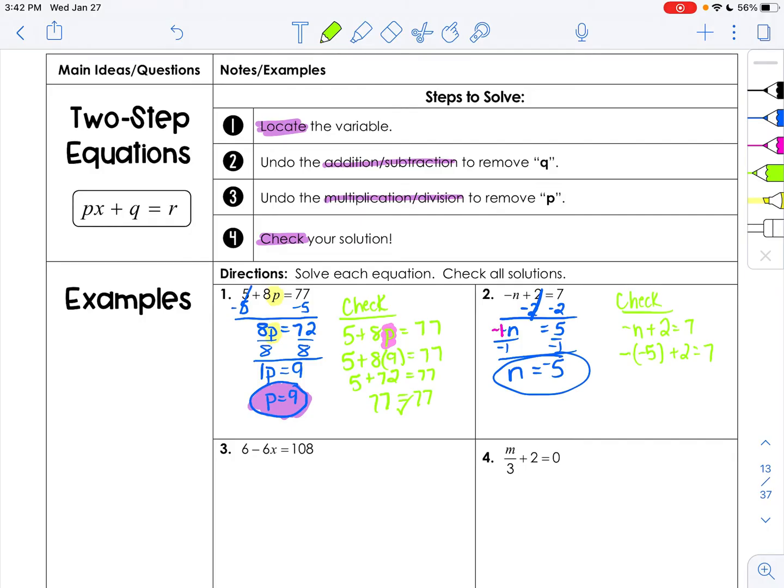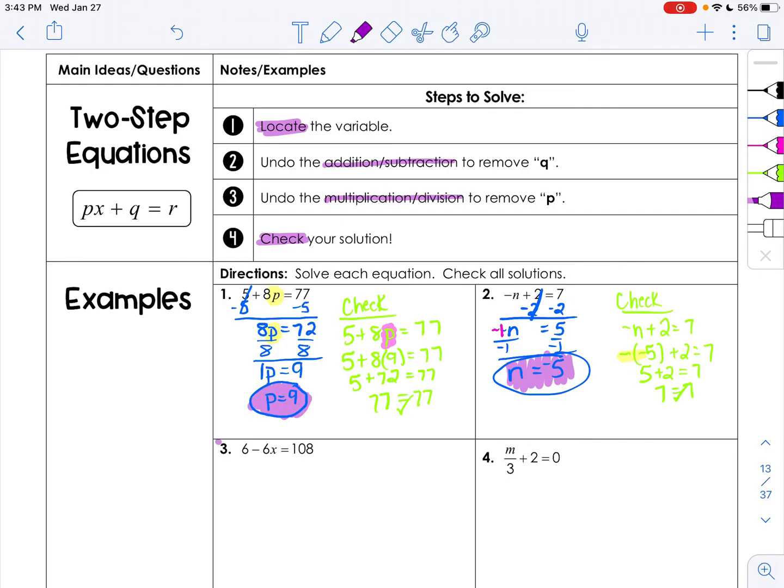I have a negative sign for my equation, and there's a negative sign in my value I'm substituting in. Well, I know that a negative times a negative is a positive, so that makes that a +5 plus 2 equals 7, and 5 plus 2 is 7 equals 7, which is a true statement, so that's how I know my answer, n equals -5, is correct.